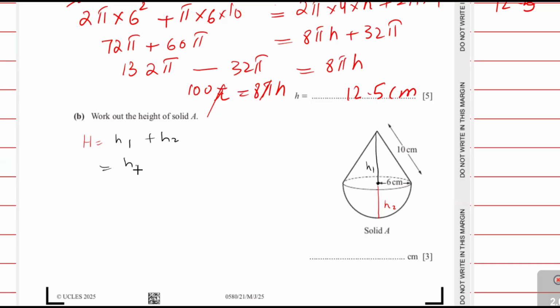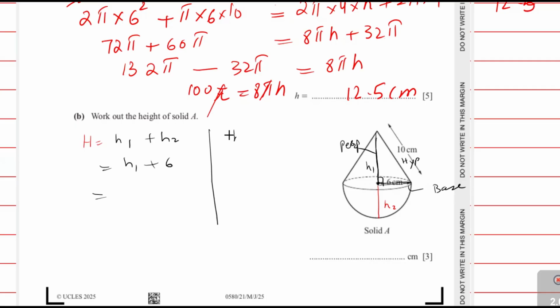Here h2 is the radius of the hemisphere, we write 6, and h1 we can calculate by using the Pythagoras theorem, because this is a right angle triangle, and in this right angle triangle, this 10 centimeters is the hypotenuse, this is the base length, and this is the perpendicular.